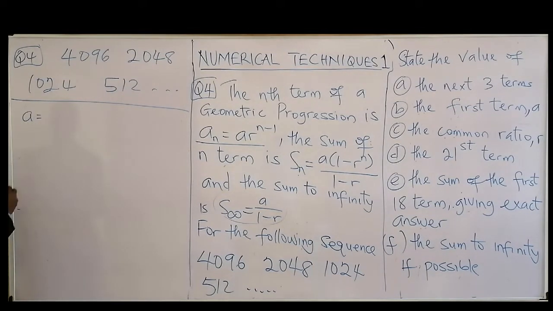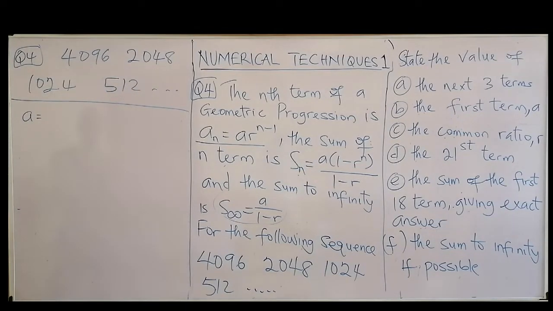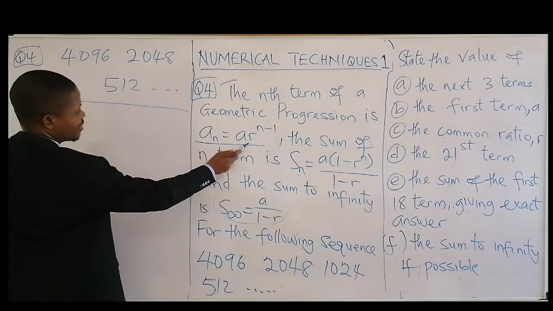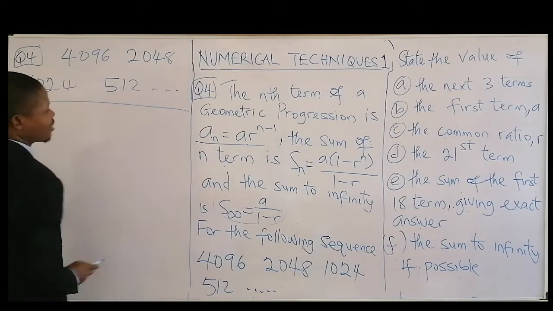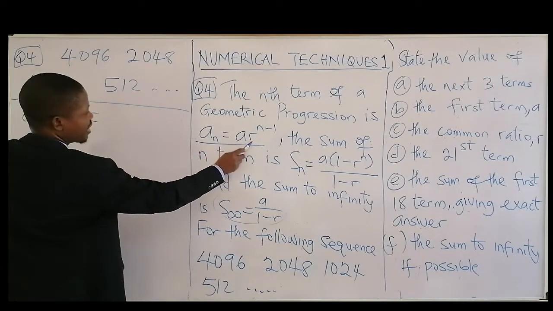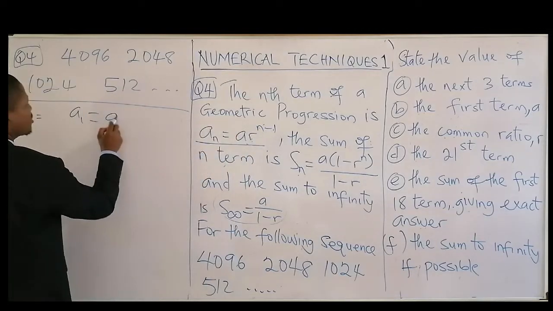The second term is the second written number. Since it's a geometric progression, we're using the formula. The first term will be a r to the power 1 minus 1, that's a to the power 0, so that's a.